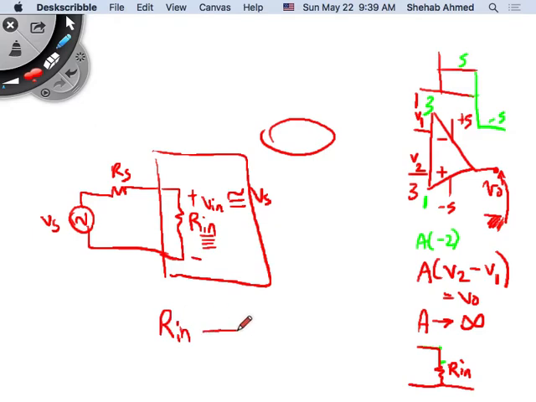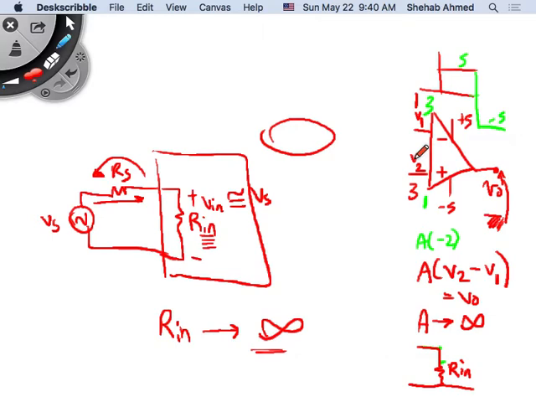ideally infinite. If R input is ideally infinite, then I'm not drawing current. If I do not draw current and there's no voltage drop across this resistor, then Vs is equal to V input, ideally. Right? So the ideal op-amp behaves exactly like that. How does it do that internally? Again, we will not study the internal circuit, but we will have to.